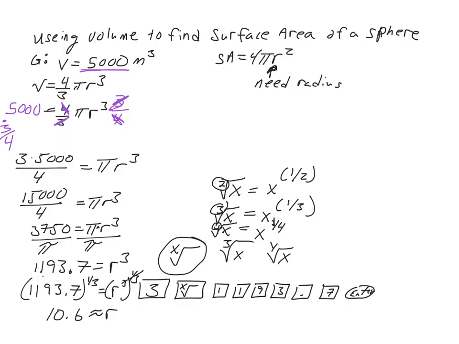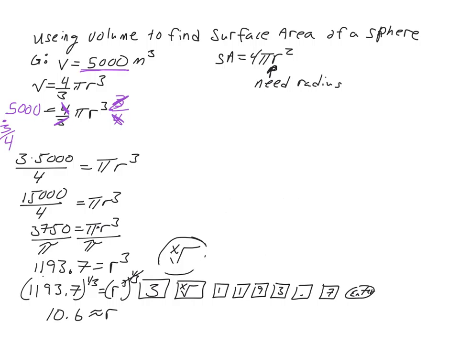All right? So now that I have my radius, now I can go back up and I can find my surface area. Surface area becomes easy. 4 times pi times 10.6 squared.